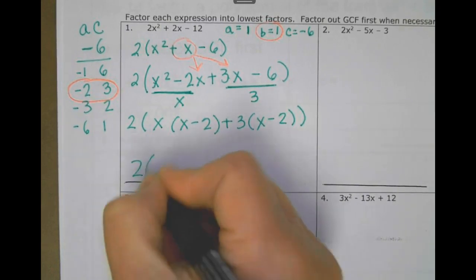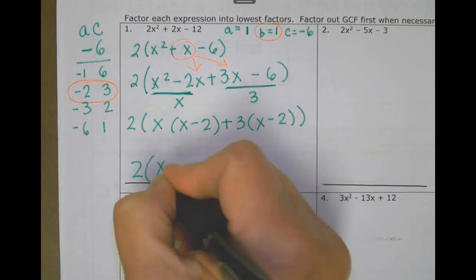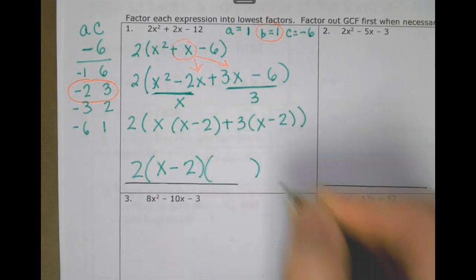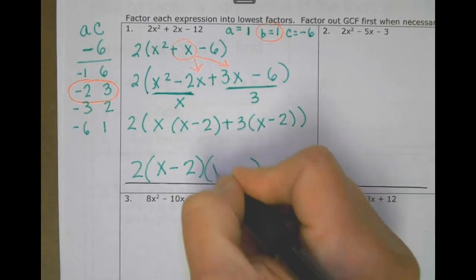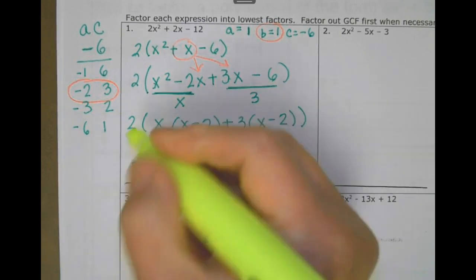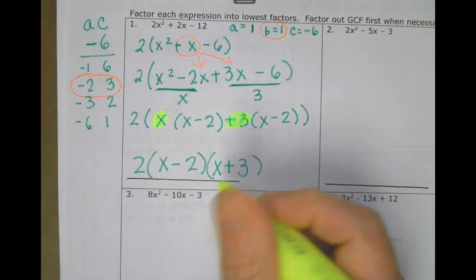The 2 just keeps hanging out in front. What term is repeated? x minus 2. What's my second term? This is what makes the second term.